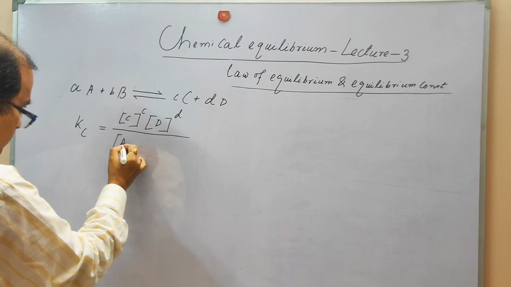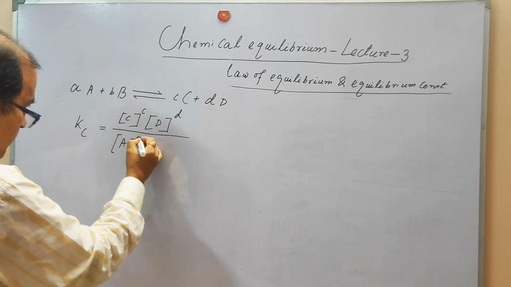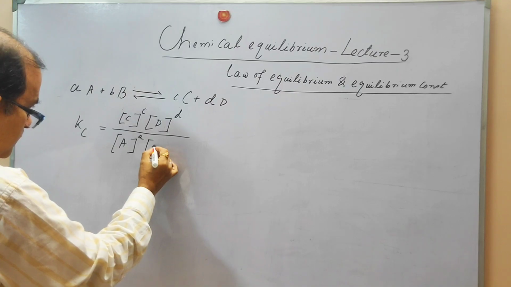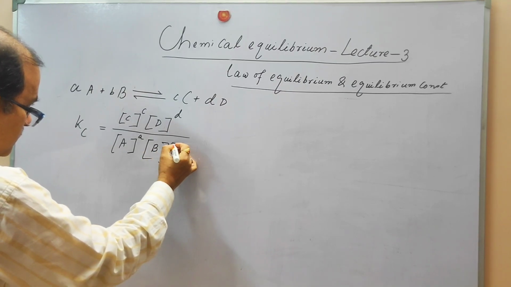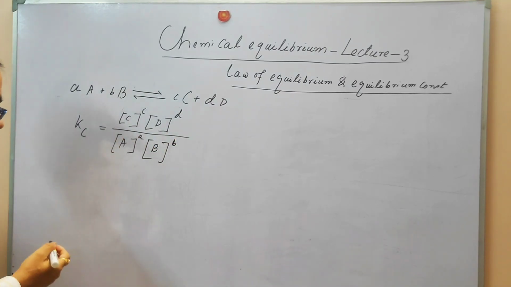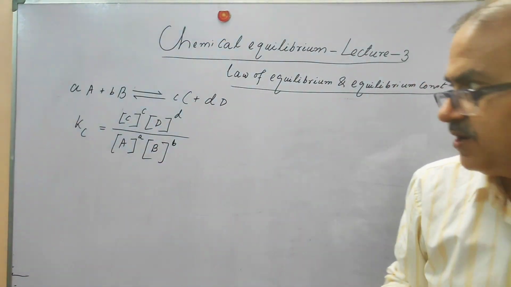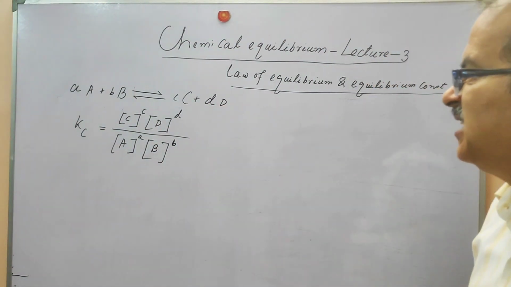It is given by A, and its stoichiometry is small a. This is the equilibrium constant expression for this balanced equation.